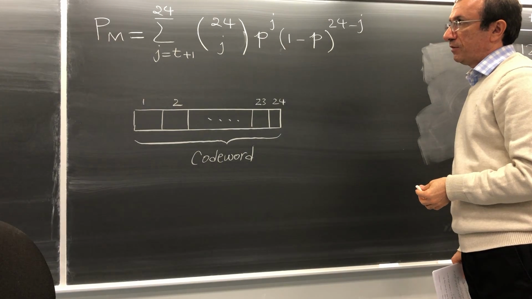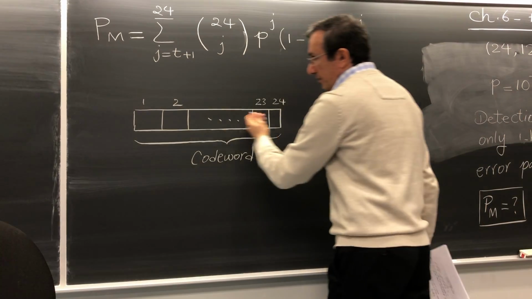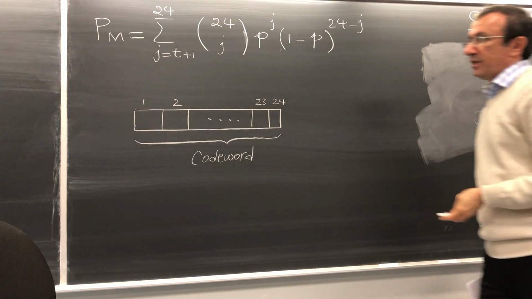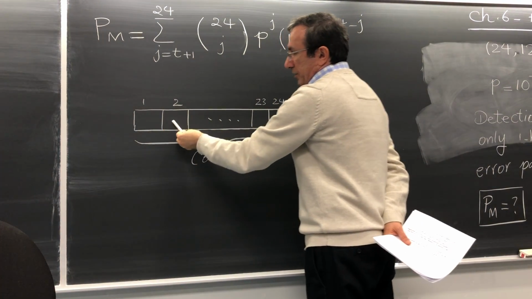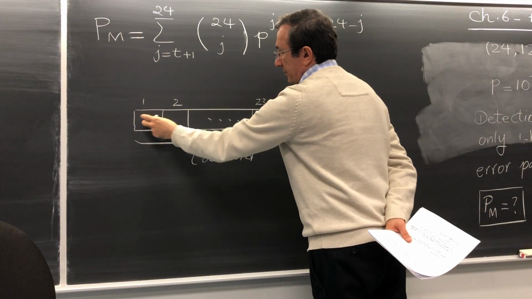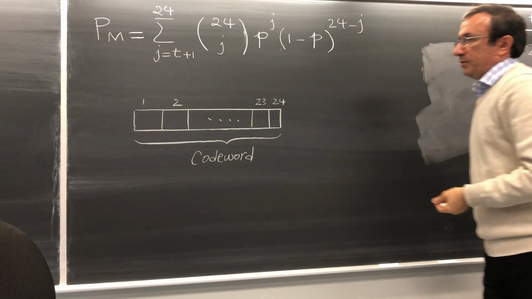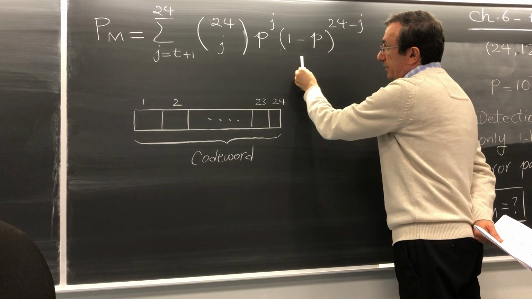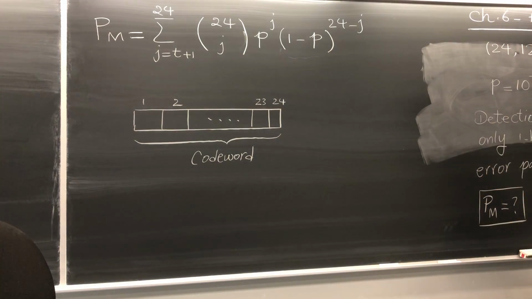So the probability of error in this 24-bit code word is calculated by multiplying the probability of error for each one of the bits if they are receiving an error, times the probabilities of the correct reception or detection of the rest of the bits, right?